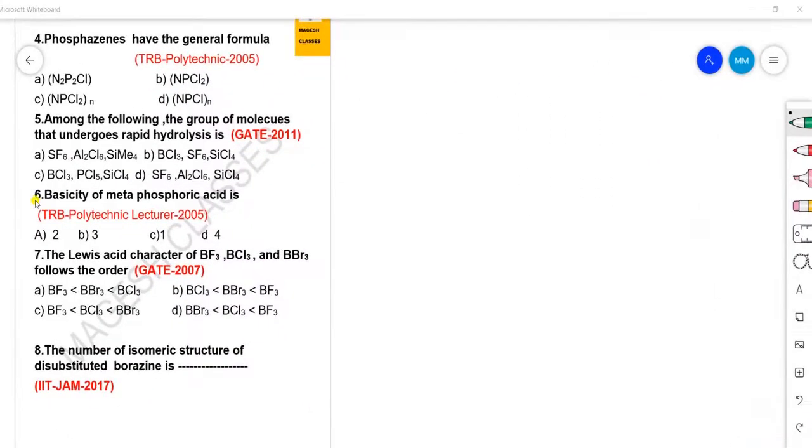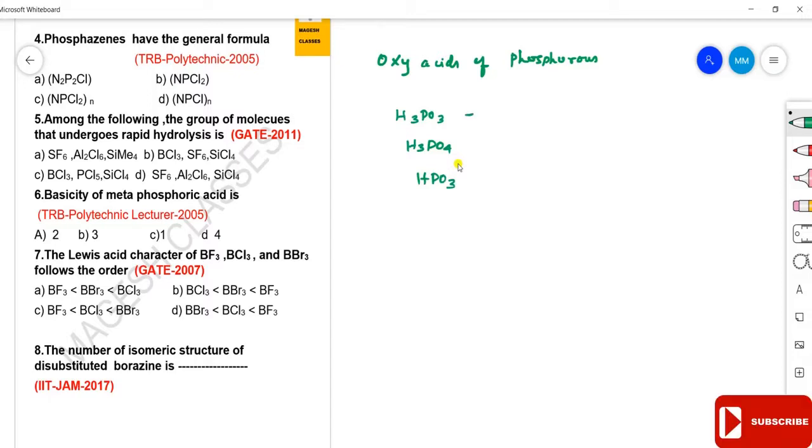For question number 6, the basicity of metaphosphoric acid is. It's a question from TRB-Polytechnic lecturer 2005. So the important acids of phosphorus are H3PO3, phosphorous acid, H3PO4, orthophosphoric acid, and HPO3, metaphosphoric acid.